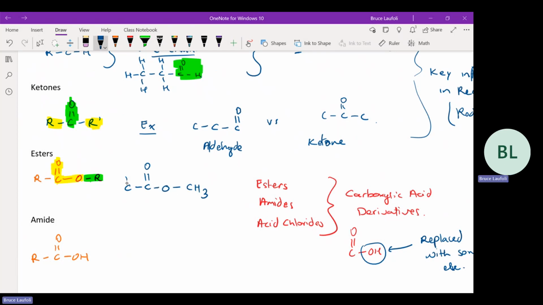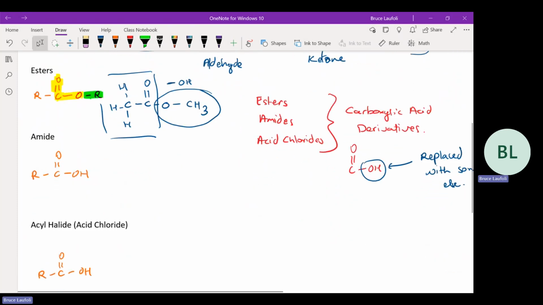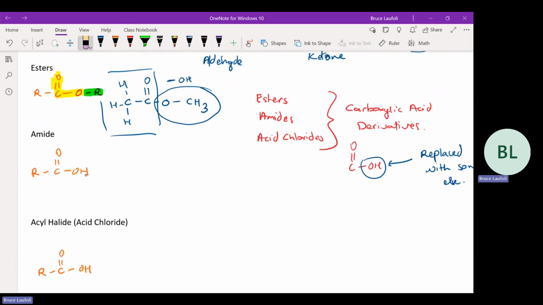And so an ester would look something like this, where we have this main component over here, and then we have this added chain over here where the OH used to be. All right, now in a similar case over here, if we rub this OH out and we replace it with an amine group, okay, let's go red.